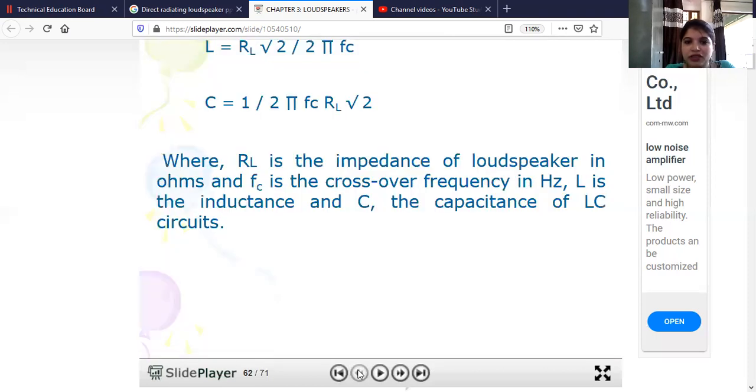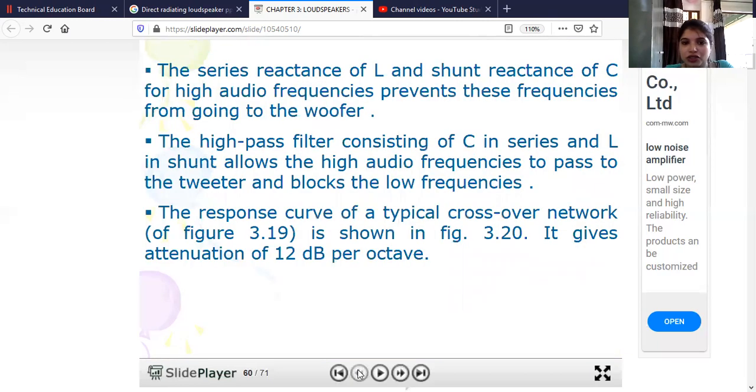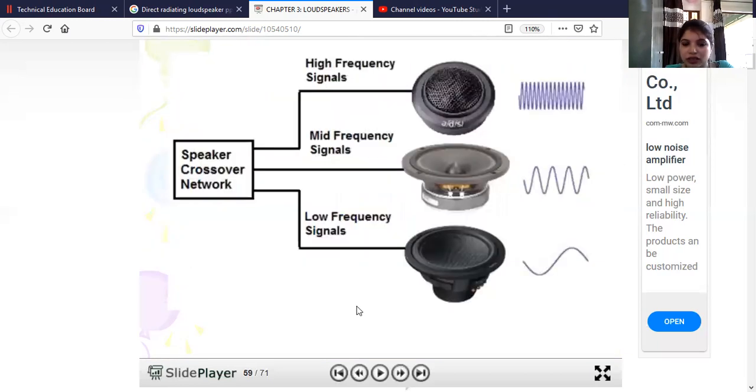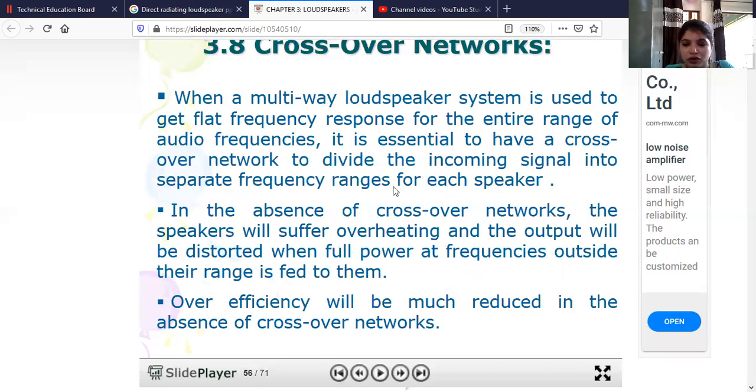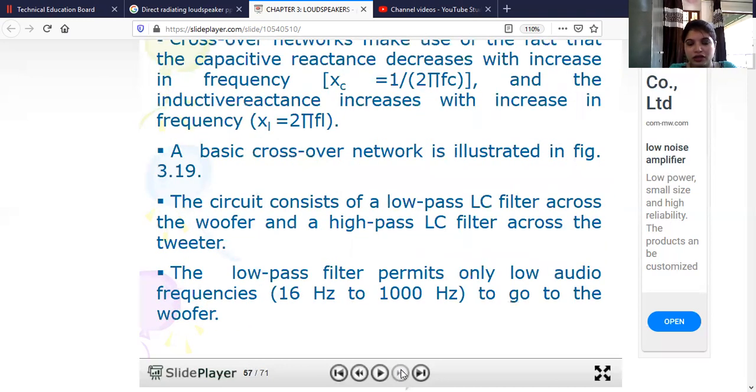So this was only a brief description of baffle, enclosure and multi-speaker. You could read this article or this presentation. I will provide you a link in detail.